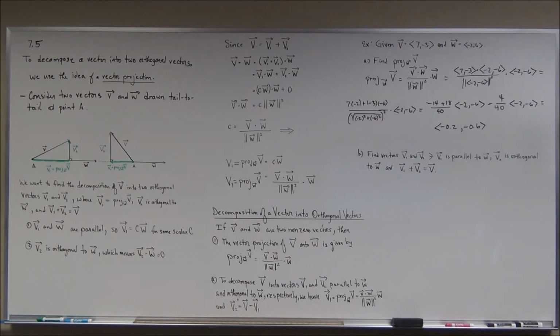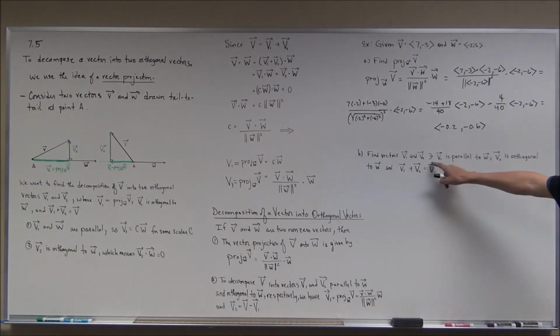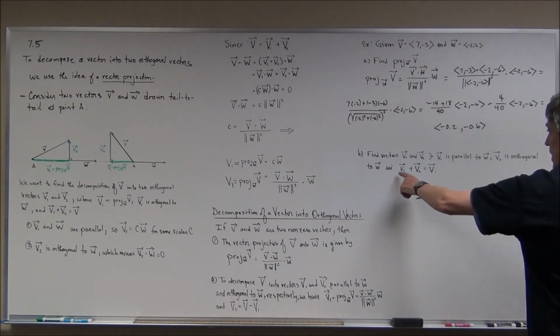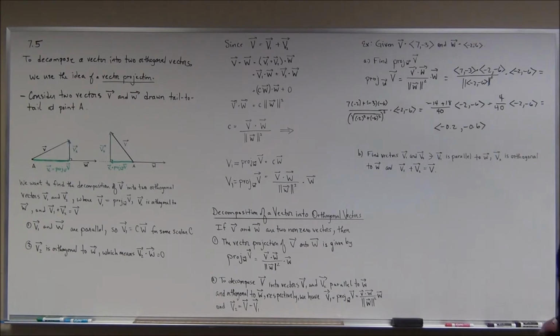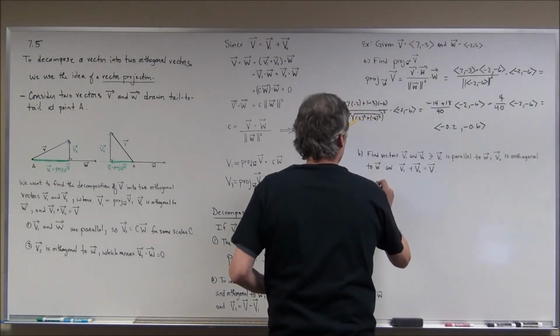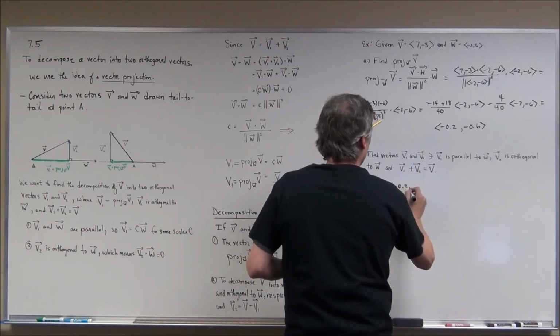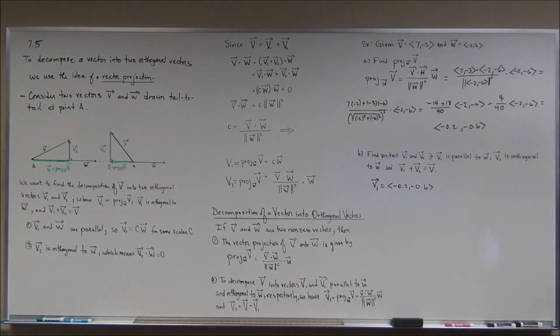Okay? Now, I want to find two vectors, V sub 1 and V sub 2. I'm going to use the second part down here. This means V sub 1 is parallel to W, and V sub 2 is orthogonal to vector W, and their sum is equal to V. So V sub 1, back here, is the projection, (-0.2, -0.6).